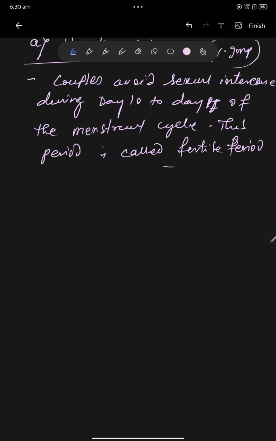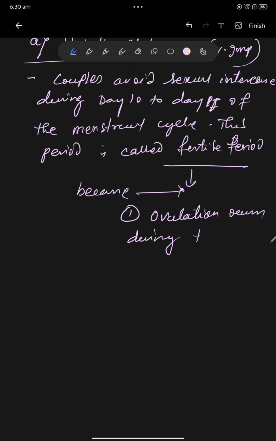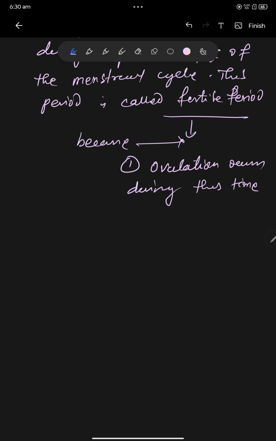Because ovulation occurs during this time, and the second reason is that the chance of fertilization is the highest.